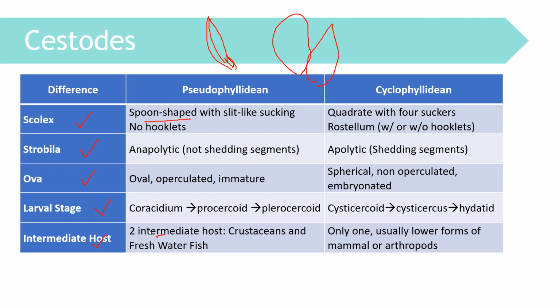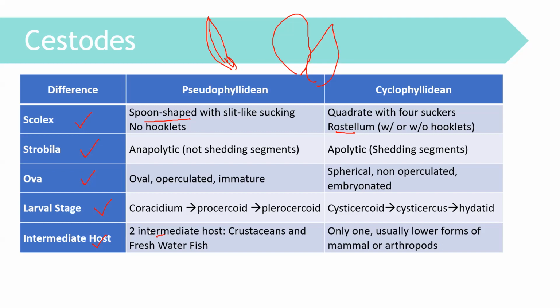And there is a slit-like structure with no hooklets. Thus, therefore, no rostellum. Rostellum resembles a crown-like structure. If you still remember my first slide, they have there the head, the scolex of the parasite, and there's a crown-like structure that represents the rostellum. Rostellum may have hooklets or may not have hooklets.